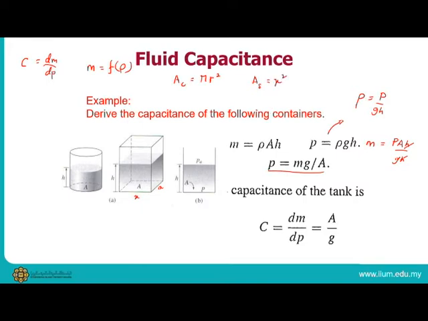So it depends on A. But if you want to find C, which is M over dP, you need to differentiate this equation. Let's say this is equation 1. You differentiate equation 1 over dP, and what you get is A over G. So basically C is equal to A over G, similar to the previous example.